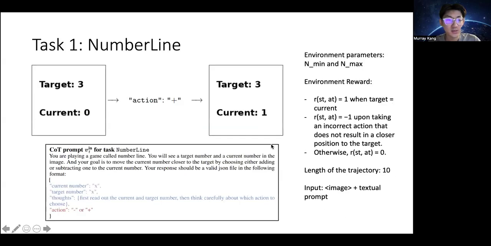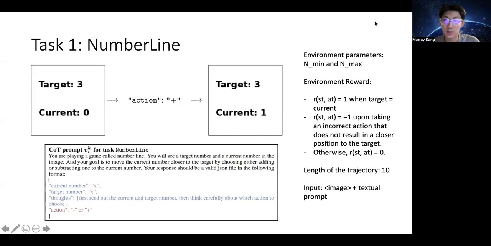Okay. So for the first task, NumberLine, the environment reward is 1 when target is equal to current. So that means we reach the goal. And if we didn't reach the goal, the reward is -1. Yeah, and for the length of the trajectory, we set a maximum length of 10.